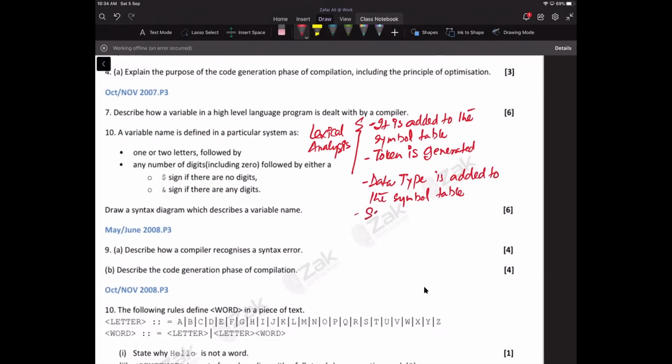The scope of the variable is added as well. These two things happen at the syntax analysis stage.